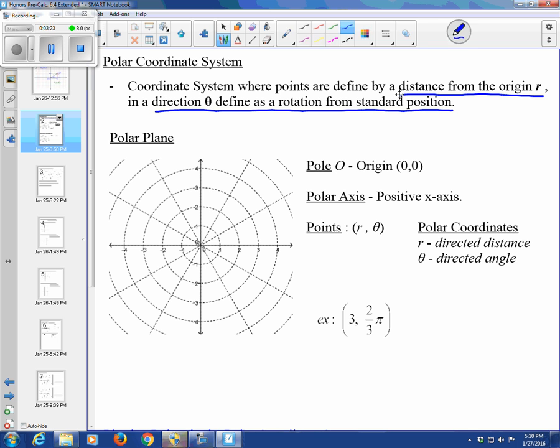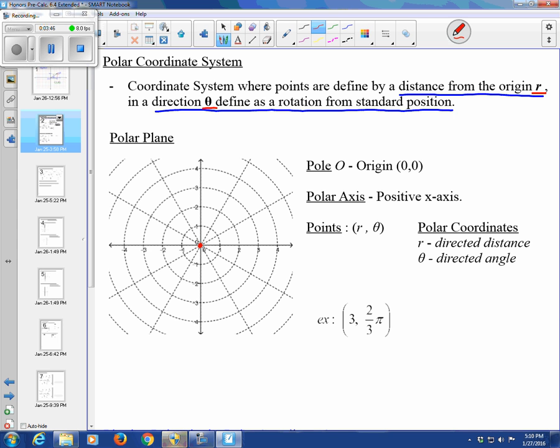So right here we've got our plane set up with slightly different units of measurement. Now we're going to be talking about direct distances of r and angles of theta, right? On our polar plane, we say that the pole is O, and that coincides with the origin, 0, 0, on the xy axis.